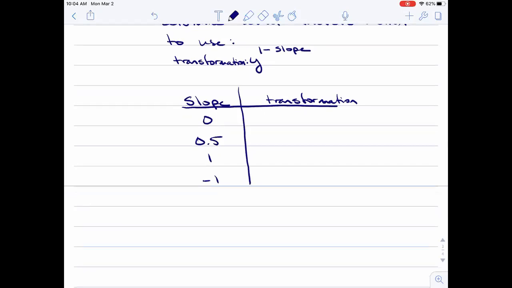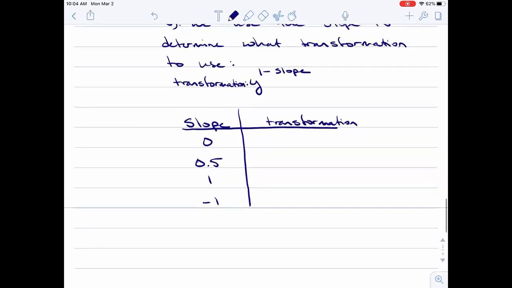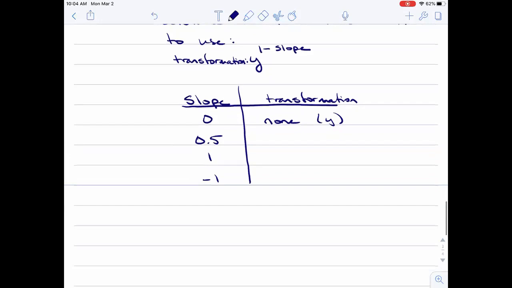If the slope is 0, nothing going on here, then you've got y to the power of 1, so you've just got no transformation and you just use y. If you've got a slope of 0.5, then you've got a transformation of y to the power of 1 minus 0.5, which is 0.5, square root of y. So then you can use a square root transformation.